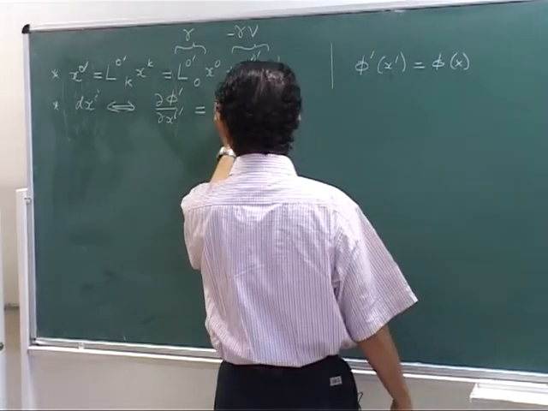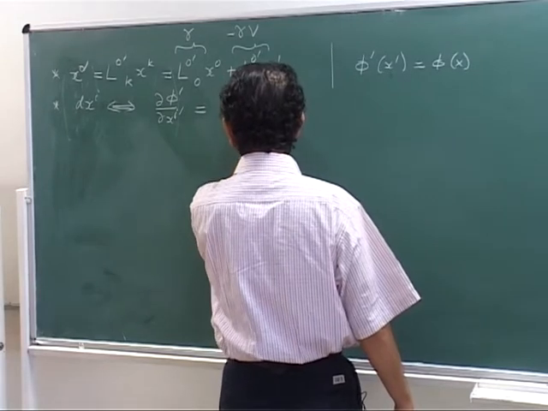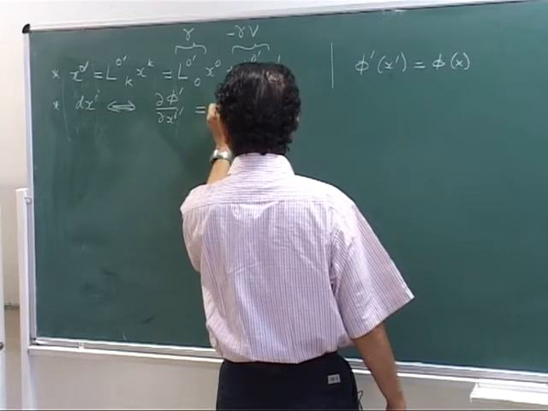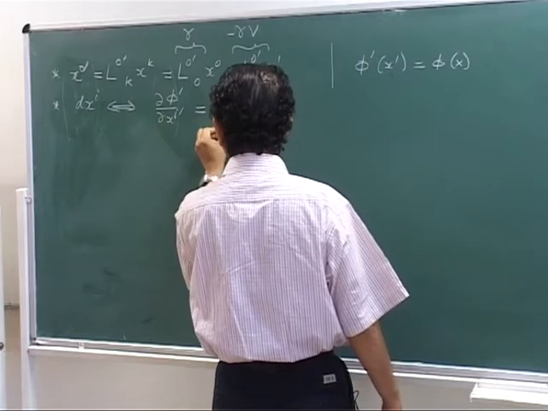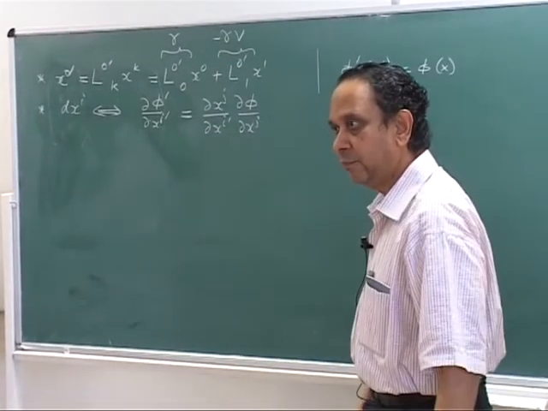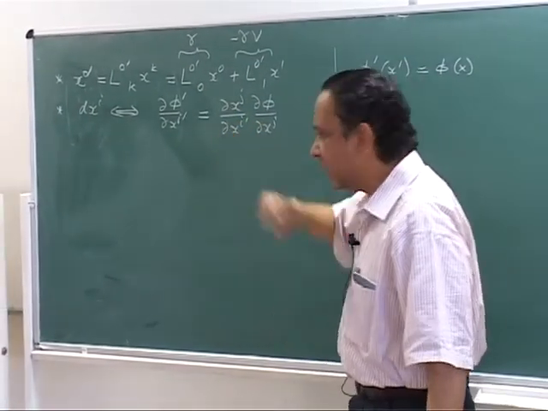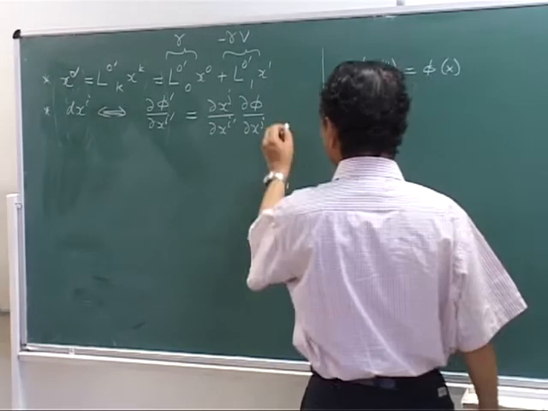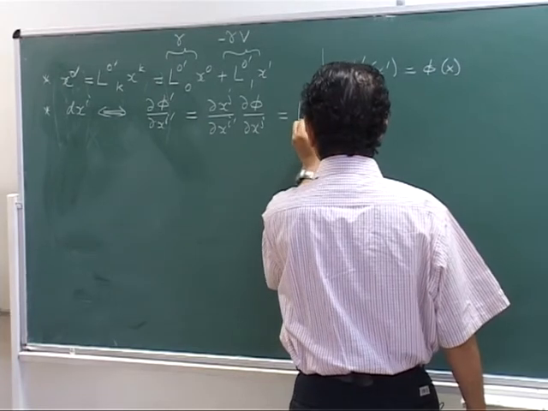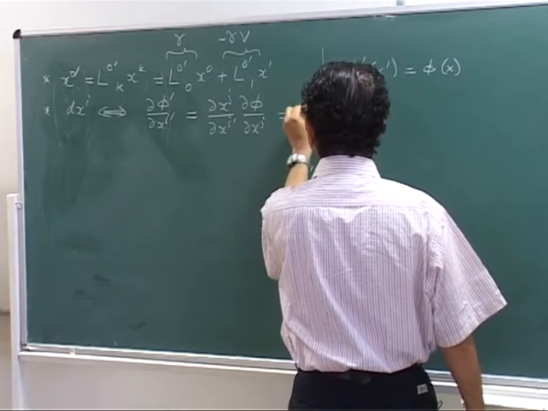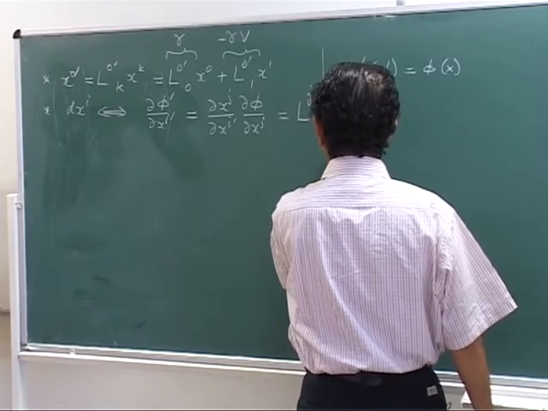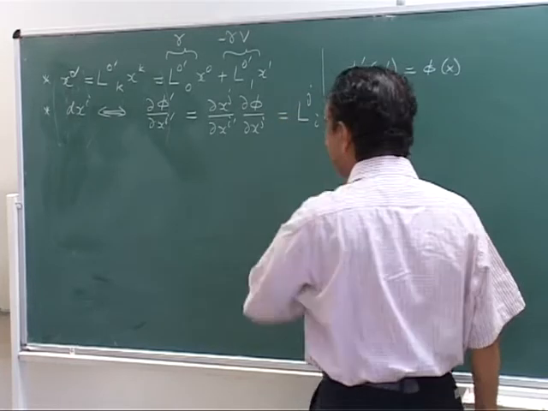So, what I can do is to say d phi by dx^j into dx^j by dx^i prime, right. Now, dx^j by dx^i prime is another matrix. So, I will write this as L, I will use the same symbol for the moment, L_i'^j d phi by dx^j.